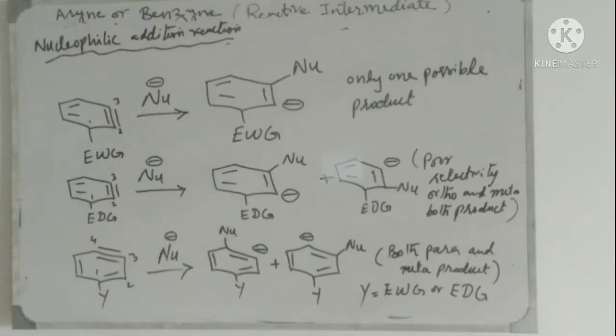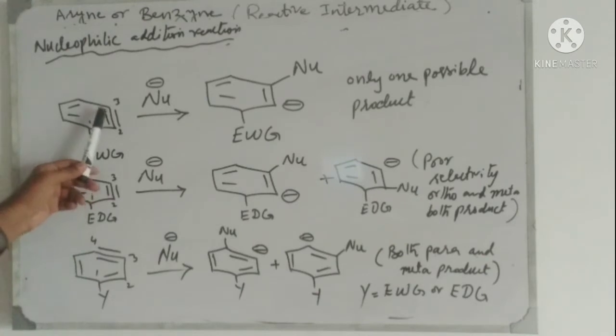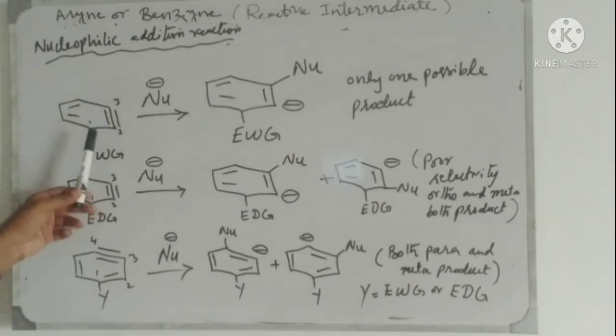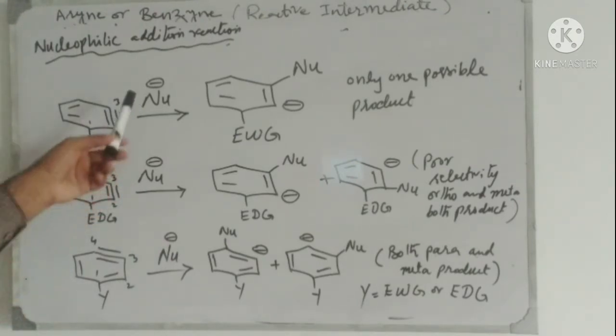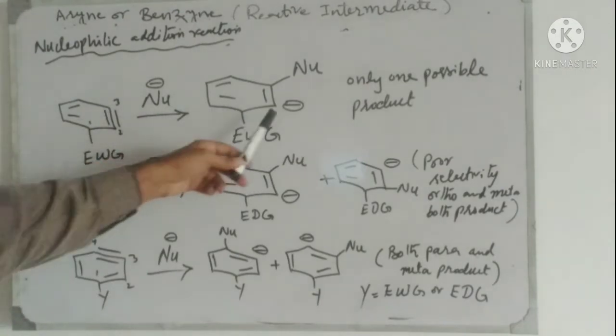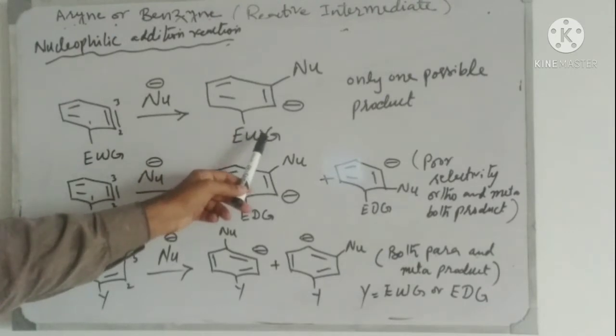As we are discussing the nucleophilic addition reaction of benzyne intermediate, these are some selectivity rules. If benzyne has an electron withdrawing group, and the triple bond of the benzyne is present at the 2 and 3 carbons, the nucleophile will attack on this position, and this negative charge is stabilized due to the electron withdrawing group.